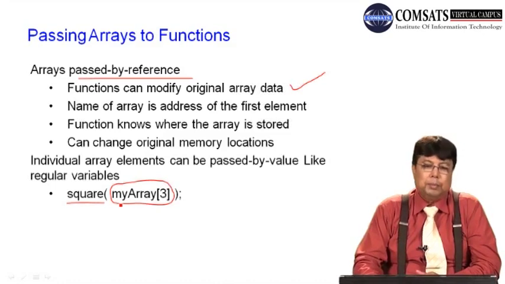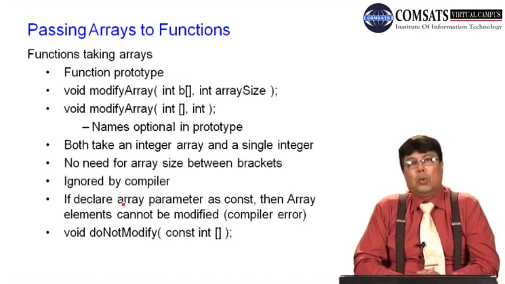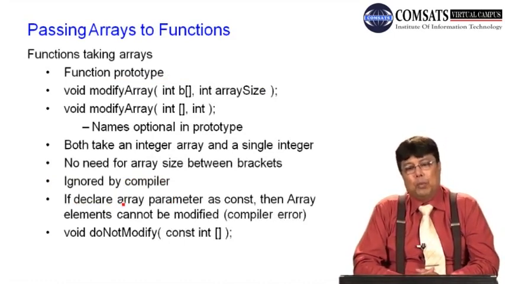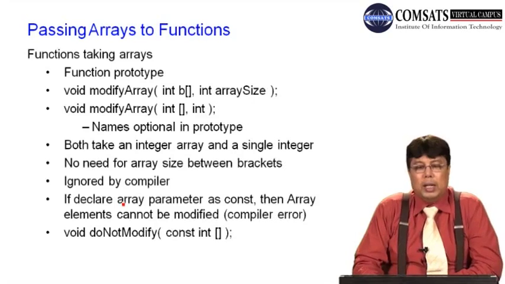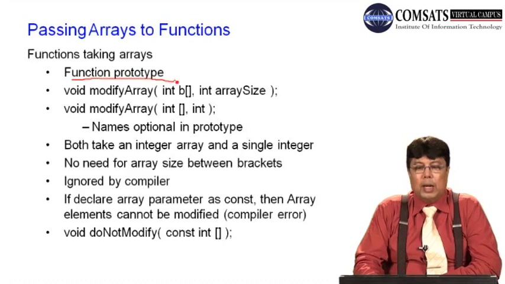Okay, so to pass data to a function, you need to provide the prototype of the function. In the prototype of a function we have to specify the data types. So how can we provide the data type? We can provide the data type like this, to say that we will be receiving an array.